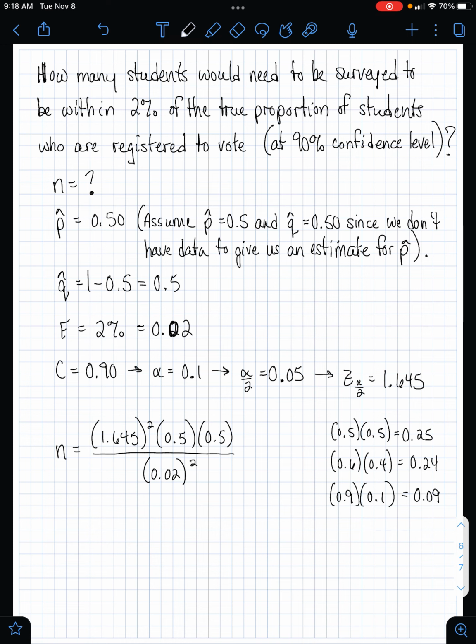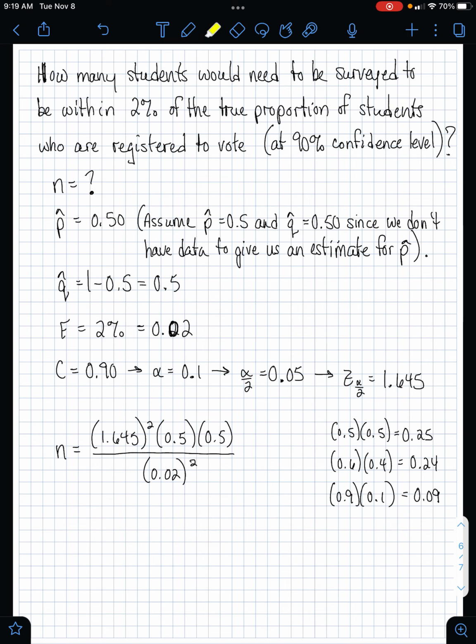The idea is that if I assume p hat to be any value, and therefore q hat to be its complement, the bigger or the smaller I choose p hat to be, the smaller this product will be. And if I make the product too small, it's going to result in a smaller value of n. And that could accidentally result in a sample size that's too small to give me the margin of error that I want.